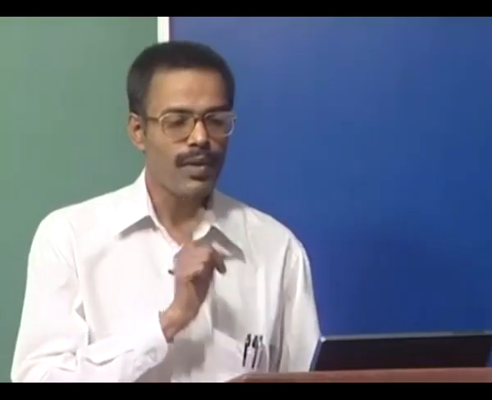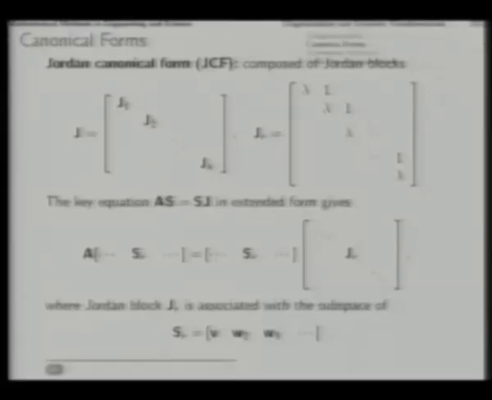We will find out. For that, we consider the product A S_R, which will be a bunch of columns taken from the correct location from this product. The same will be on this side, S_R into J_R. Why?